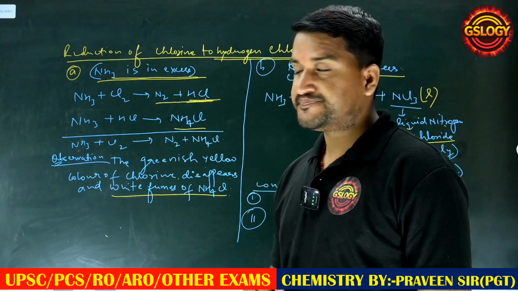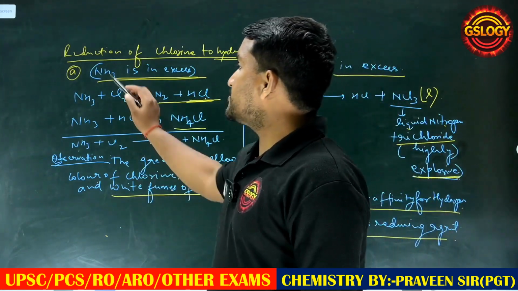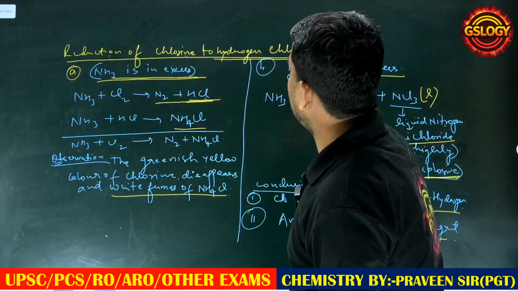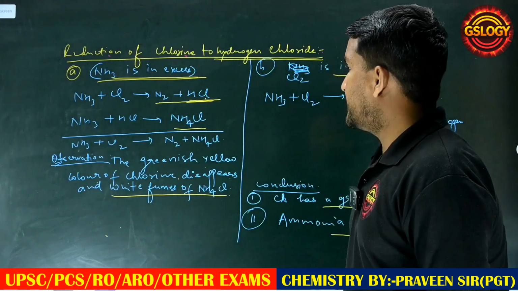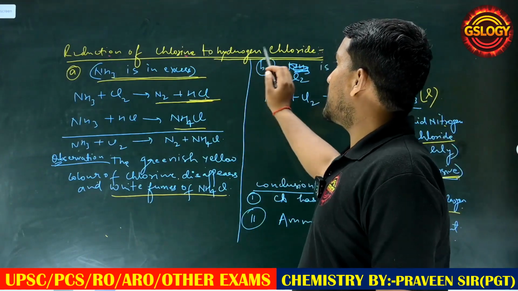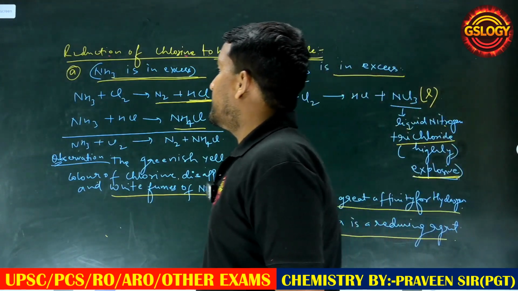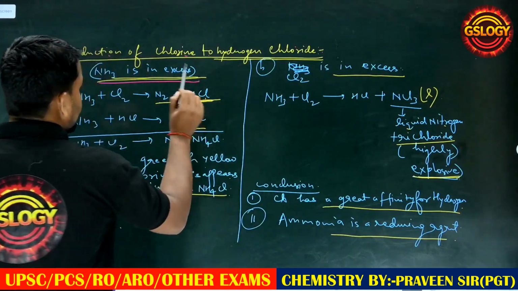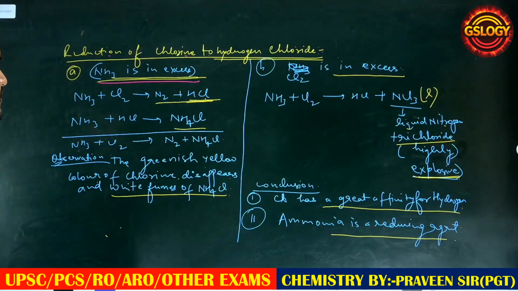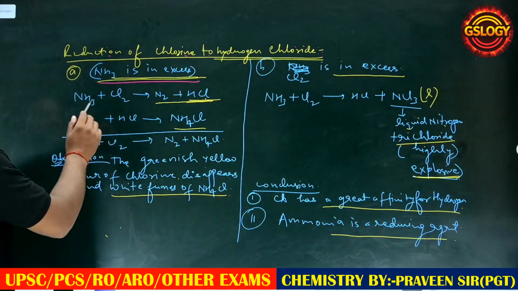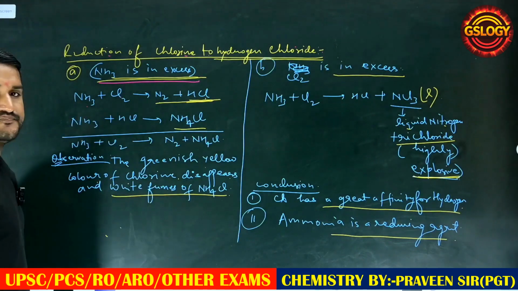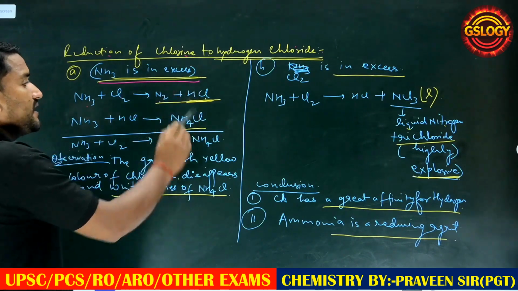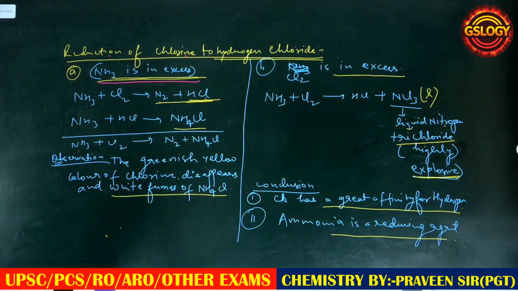Got it, everyone? Next topic is the reduction of chlorine to hydrogen chloride. First, when ammonia is in excess: ammonia reacts with chlorine to form nitrogen and hydrogen chloride.